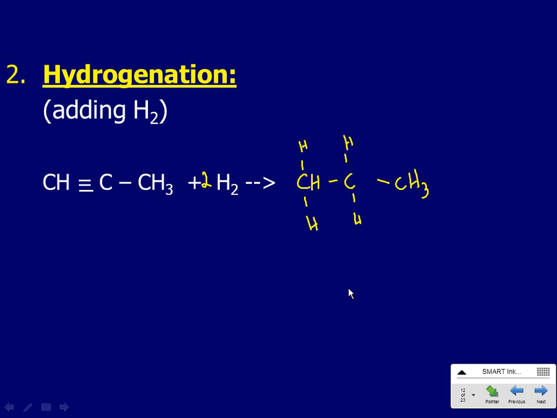You don't have to call the hydrogens anything special. So we had some propyne. We added 2 hydrogens, and we turned it into propane. We're simply adding across that pi bond, whether there's 1 or 2. It just determines whether we add 1 molecule or 2 molecules.